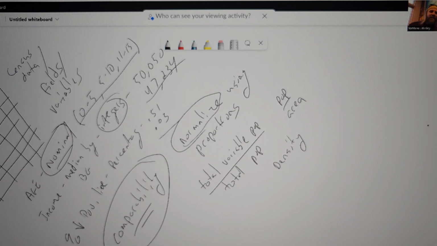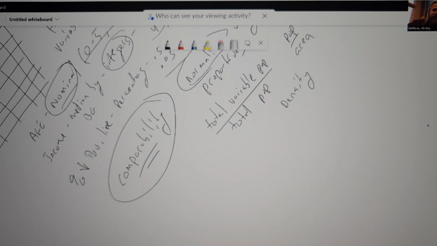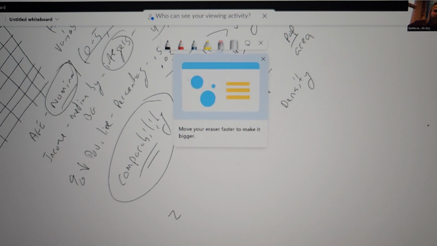So, Austin has two different types of normalized data. He's got an average of something, and he's also got a proportion of something. But his average is an average of a giant number. So those two don't talk to each other. This is where we bring in the concept of the z-score.